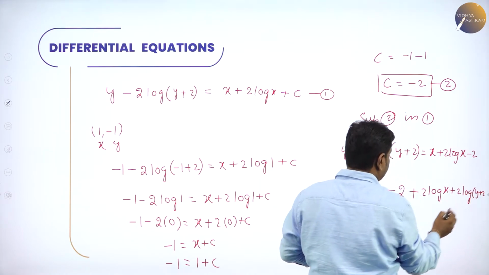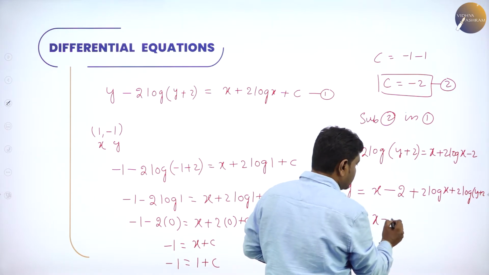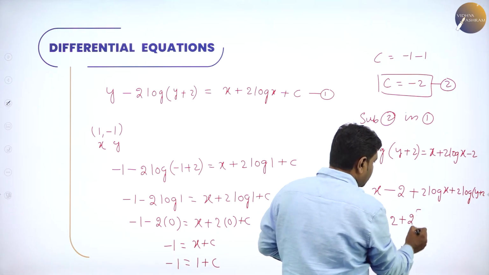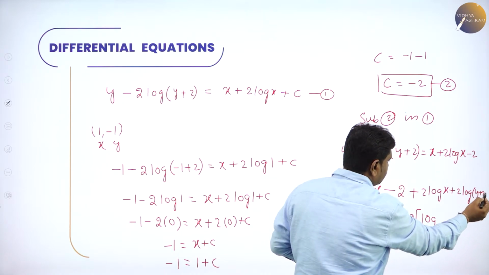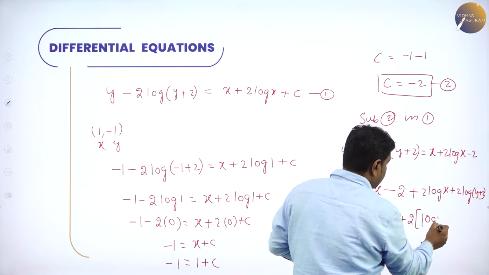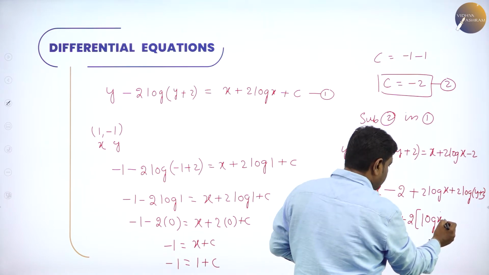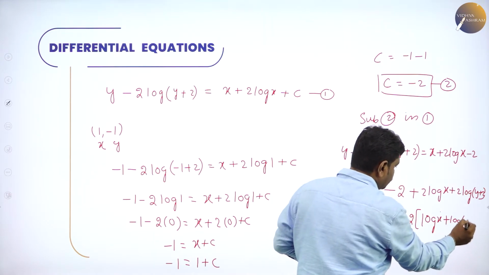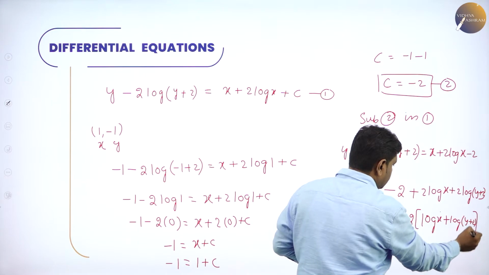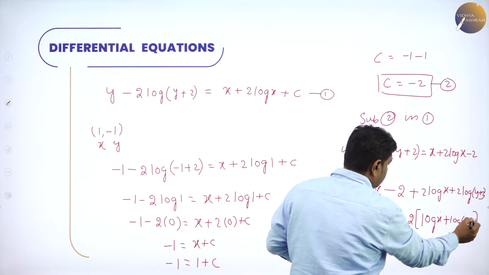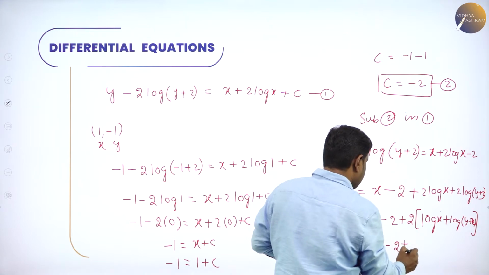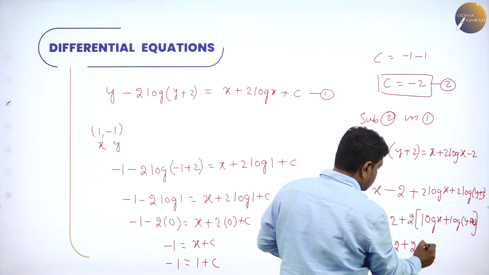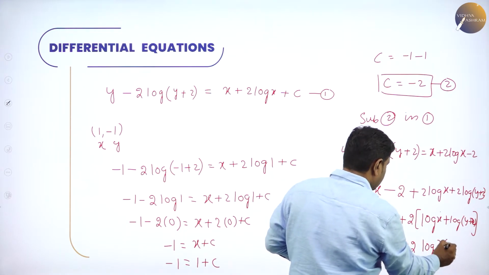And further, you can take 2 common, so it will become x minus 2 plus 2 times (log x plus log (y plus 2)). Now further, log a plus log b is log of a into b, so x minus 2 plus 2 times log of x into (y plus 2).